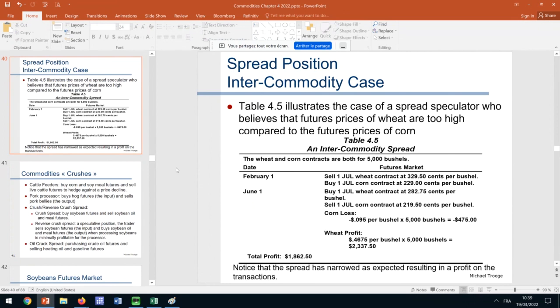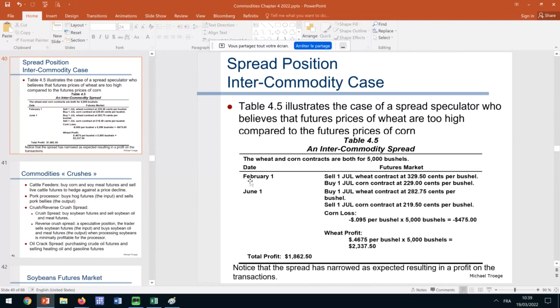Now, what do you do if you think that wheat prices are too high compared to corn prices? You have a short contract in wheat and a long contract in corn. That's what we do here: short in wheat, long in corn. We buy one contract each, so the prices are different: 329 and 229, again 5,000 bushels, remember, in cents per bushel.